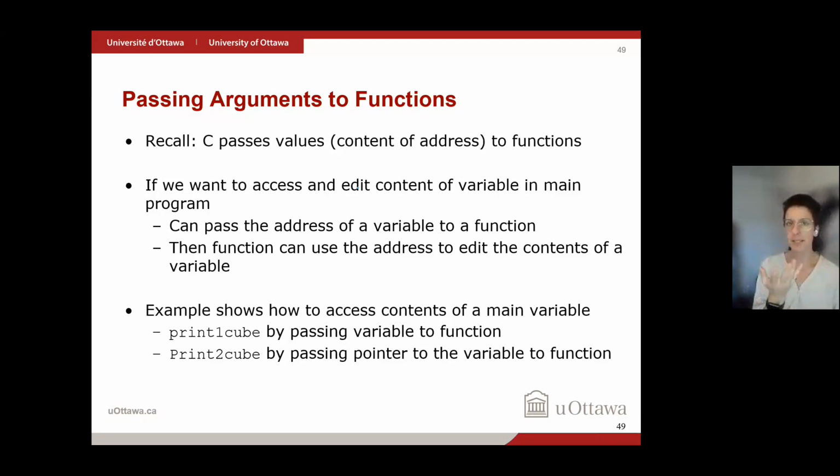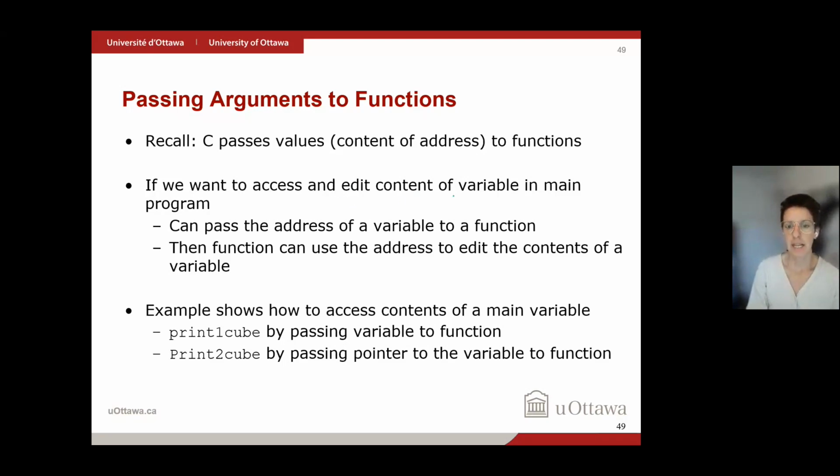However, if we send addresses, addresses allow us to manipulate the contents of locations in the memory, right? And then when we manipulate the contents of those addresses, we don't have to pass information back anymore. We've made changes to the memory itself in our function. So that's why addresses, pointers, can be really helpful when we're working with functions.